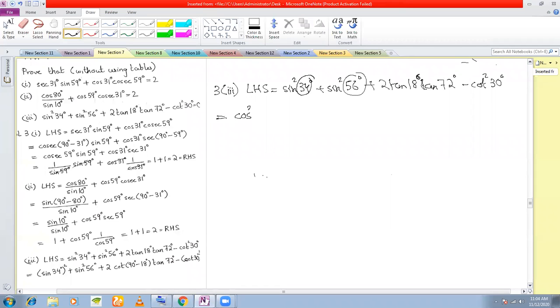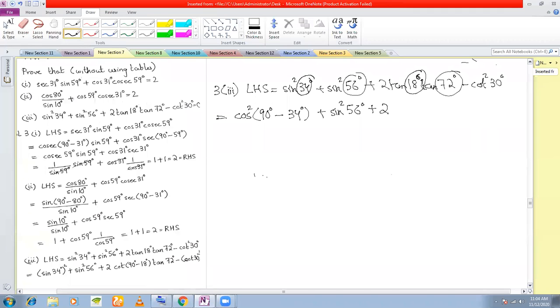So you get cos square of 90 degree minus 34 degree plus, as it is, sine square 56 degree. Again in tan 18, tan 72, the sum of 72 and 18 is again 90 degree, and you can change one tan to cot.